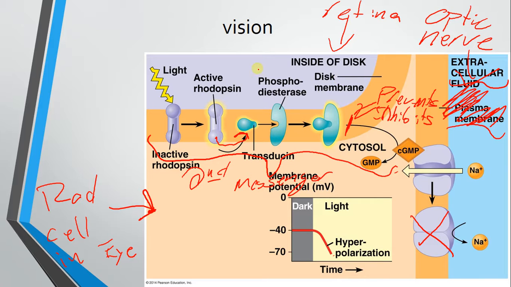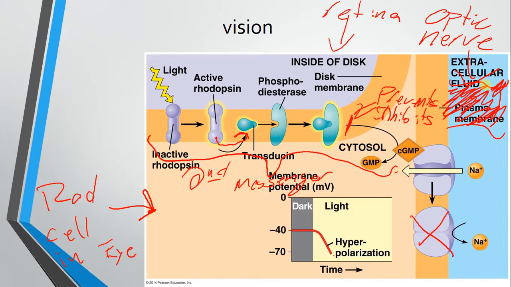And this is an example of a metabotropic action of sensory reception, right? So this secondary messenger pathway can cause an action potential to be created in your optic nerve, which then can cause your brain, your visual cortex in the back, your occipital lobe, to perceive a sight.